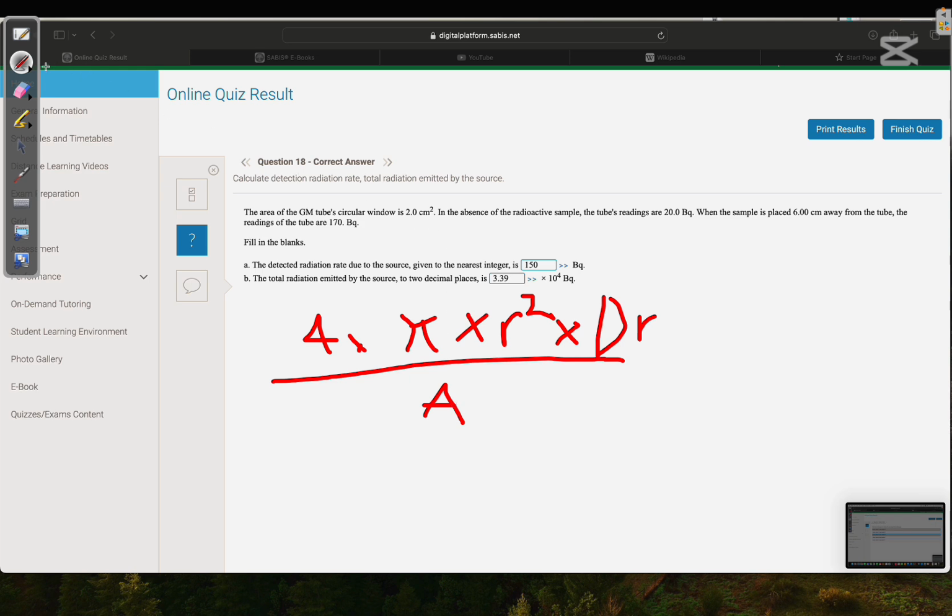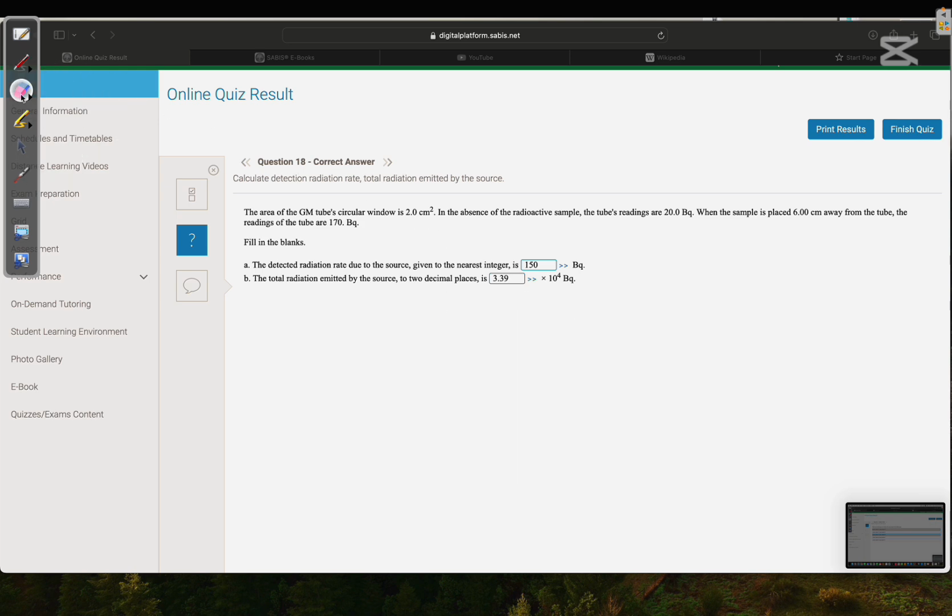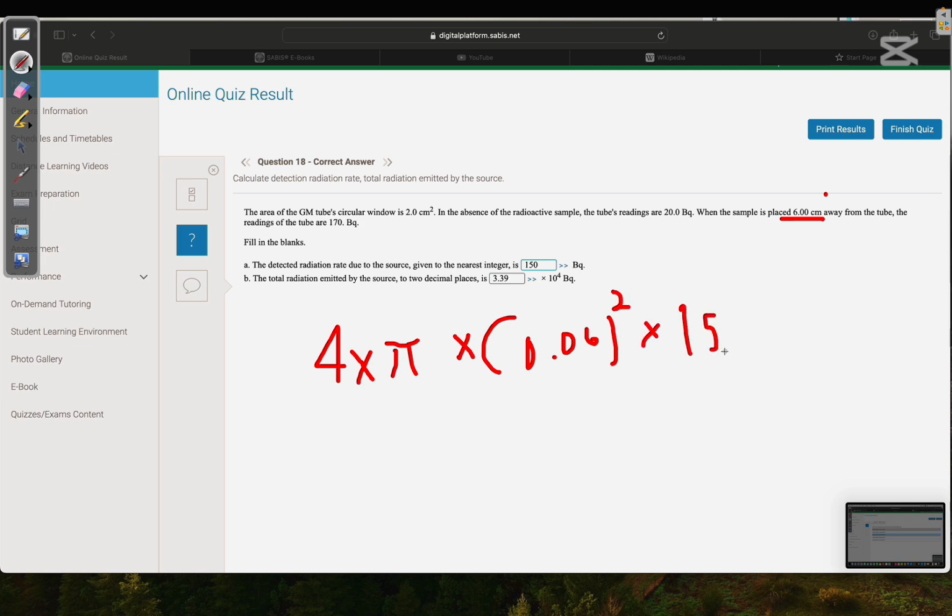Okay, so let's do this. 4 times pi times, look, since here it's in centimeters, we're gonna have to turn 6 centimeters to meters, times 0.06 squared times 150 over, look, so we need to convert 2 centimeters squared to meters squared.